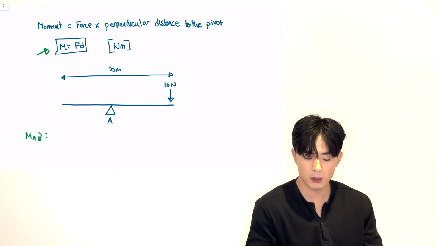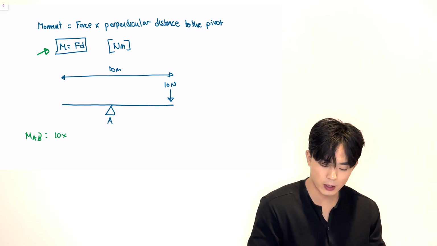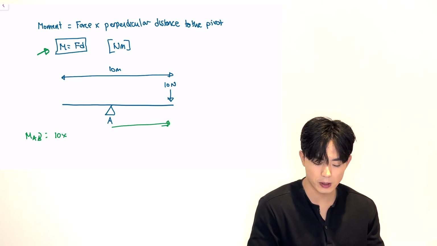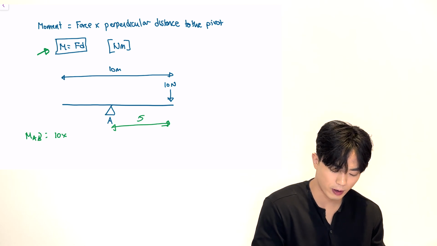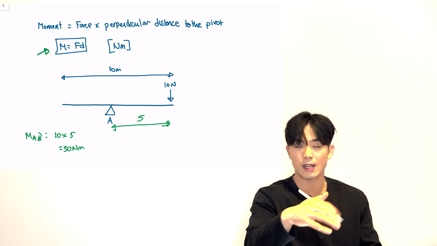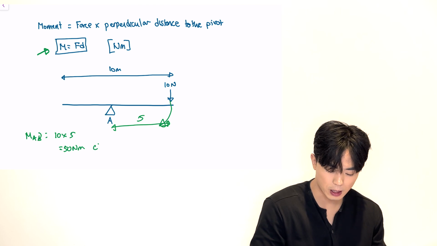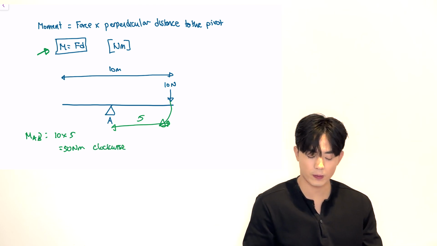Right, so taking moments clockwise about the pivot A, the force is 10, and the distance between the pivot and the 10 newtons, because A is a midpoint, is 5, so 10 times 5, which would give me 50 Newton meters. And because it's acting this way, it's going to make it rotate in this direction, right? But state that it's going to be a clockwise direction, like so.